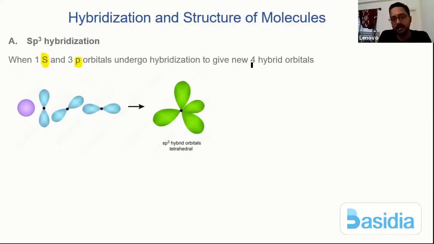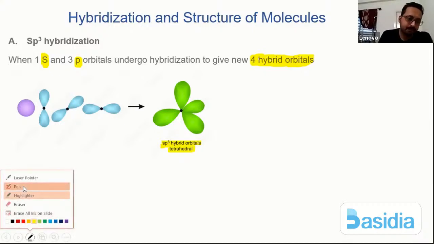They undergo hybridization to give how many hybrid orbitals? 4 hybrid orbitals. And what are those 4 hybrid orbitals called? They are called sp3 hybrid orbitals. And this structure forms a tetrahedral structure.